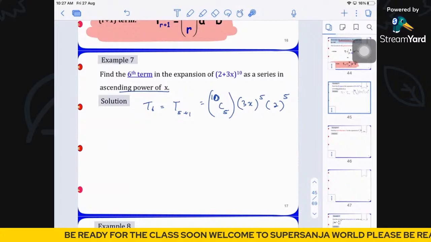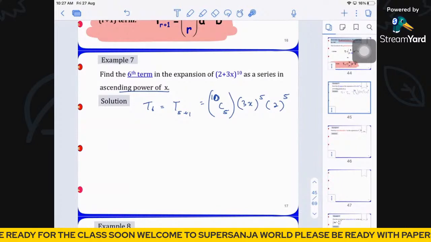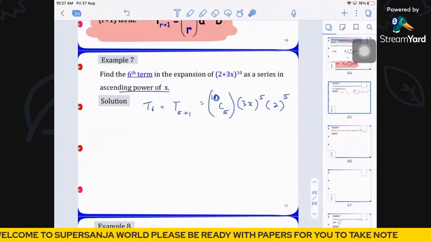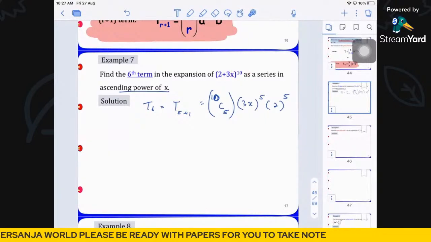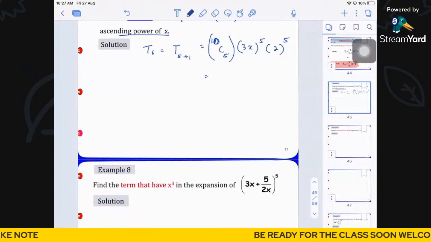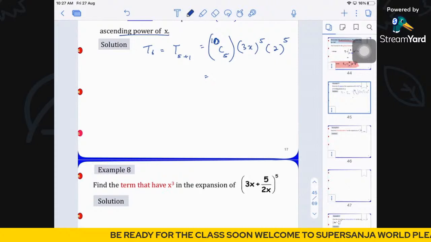The 11th term will be power of 10. If it's power of 10, guaranteed you will have 11 terms inside the series. If it's power of 12, you will have 13 terms. Clear? Okay, so from here, 10C5 you can calculate, no problem. What is 10C5? Press your calculator, 10C5.